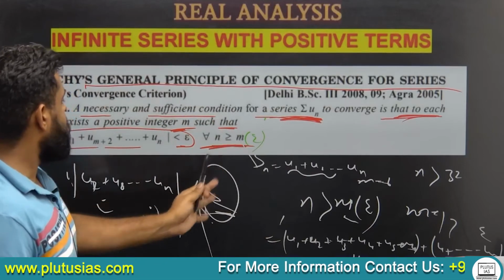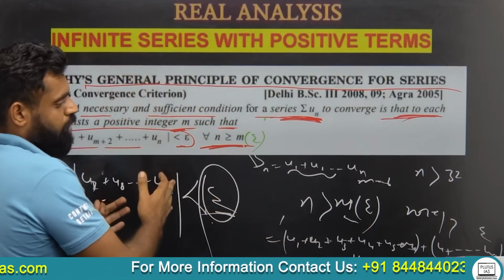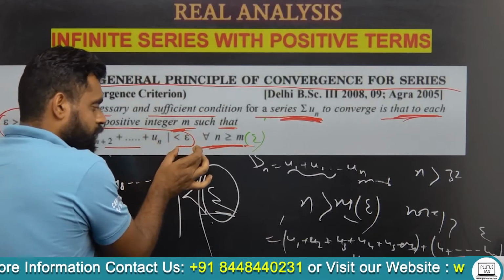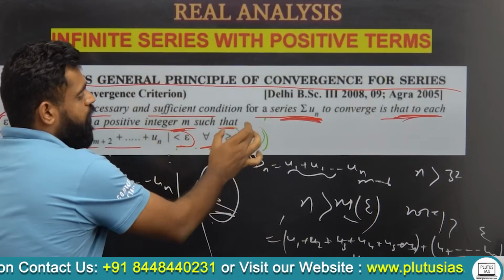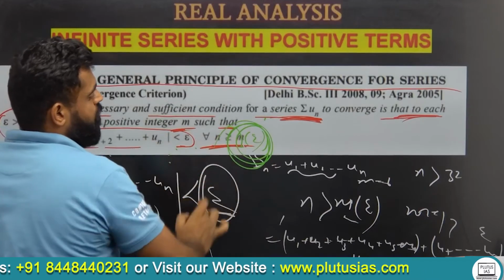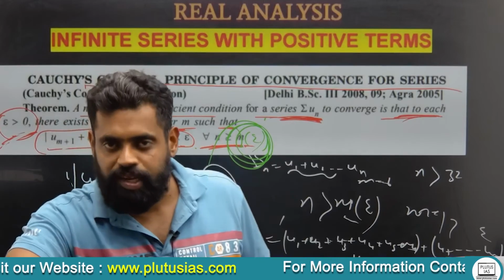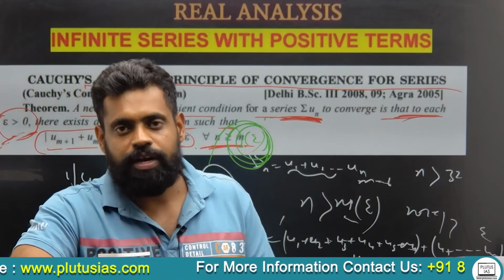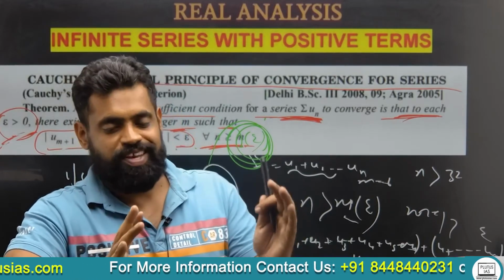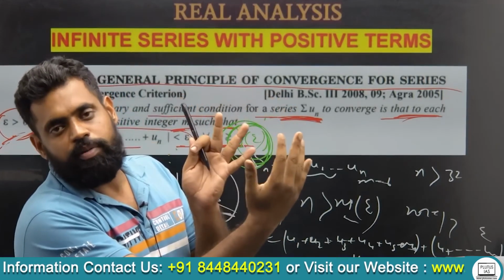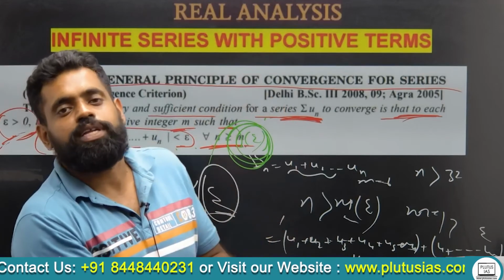That is, every value is bounded by a fixed number after a fixed number of terms, that is m. This m could be 6, this could be 36, this could be 106. But after 106, the terms would be fixed. The summation would be bounded both sides. So that series is convergent.